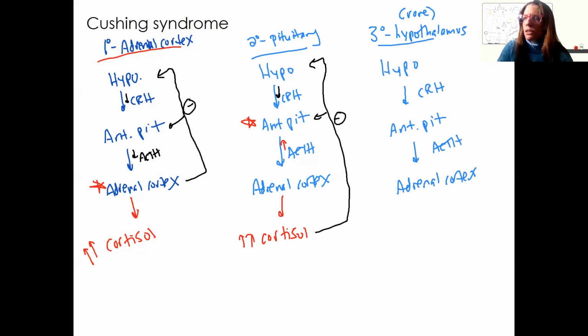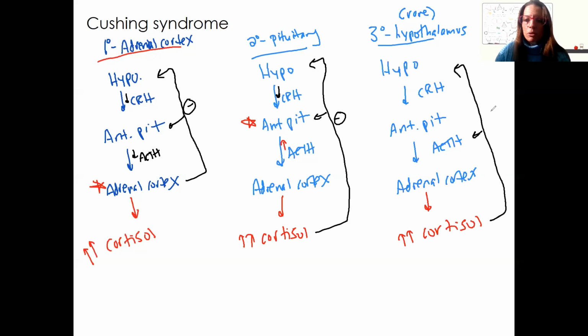And cortisol is still going to be high, too high. And it's still maybe trying to feed back, but that feedback isn't working.